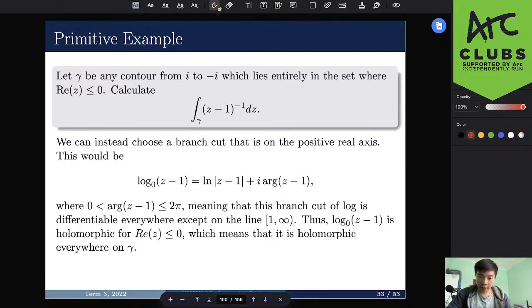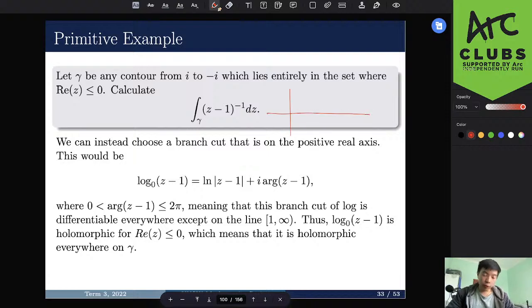And so we have the log being differentiable everywhere except the line 1 to infinity, which is what we want. So we know that this is a fit primitive for our integral.